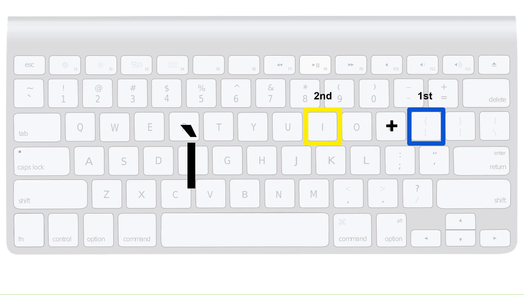And if you hit the blue key and release it, and then type I, you're going to get this special character of Spanish I. The same thing: you hit the blue key, release it and hit U, and you get this special character of U. Again, you type this blue key, release it and type A, and you get this special character of A. And again, same thing, you type this blue key first, release it and type E, then you get the special character of this E.